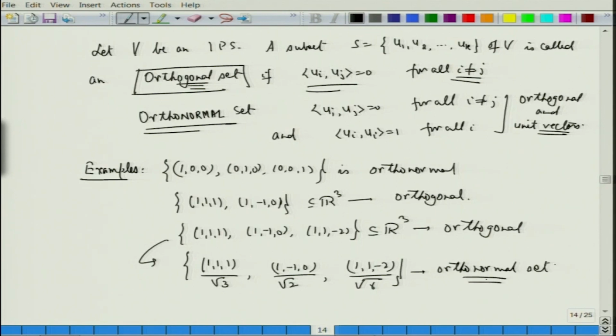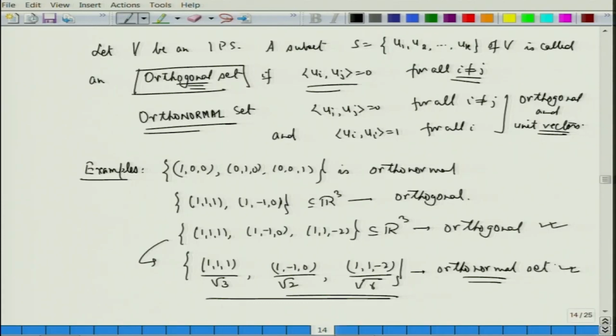I have given you enough examples of orthogonality and orthonormality. Even though this looks cumbersome because of root 3, root 2, root 6, it is much more desired as compared to orthogonality, because everything is in terms of unit vectors, so calculations and ideas are more fruitful. So let me just prove the first statement.